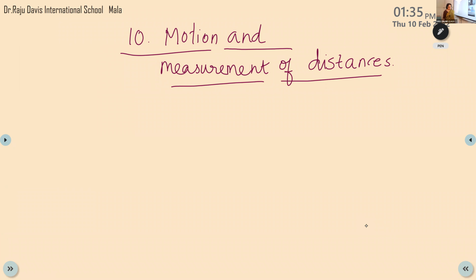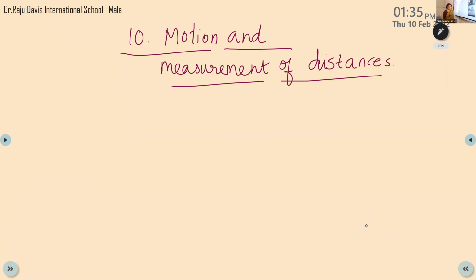Pinhole camera works on the principle of rectilinear motion of light, isn't it? Yes. So what is meant by rectilinear motion? Ma'am, motion in a straight line. Very good. Motion in a straight line is called rectilinear motion.